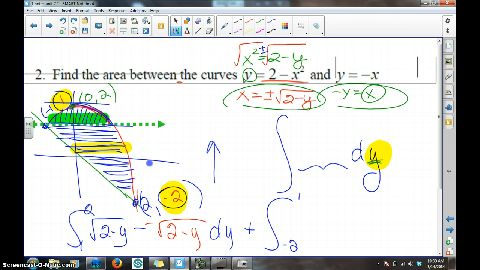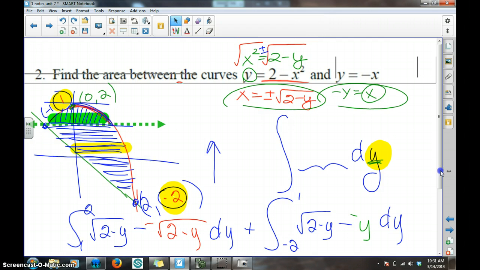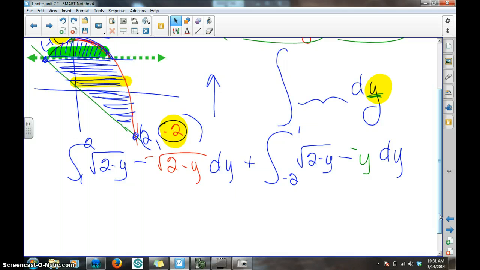And that covers the positive square root of 2 minus y graph, that's the red one on the right, minus the negative y graph, that's the green one on the left. Okay, fair enough to say that this is a moderately harder integral.